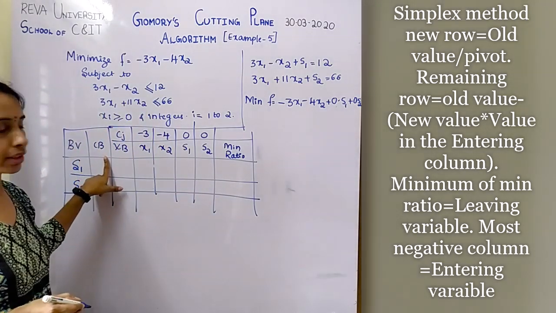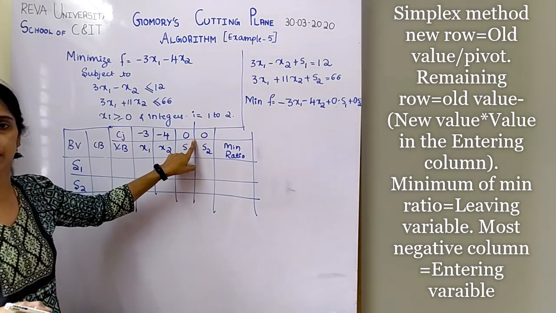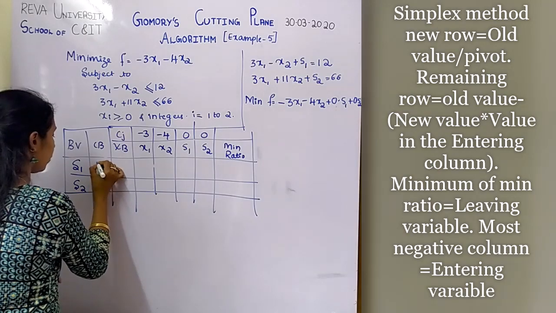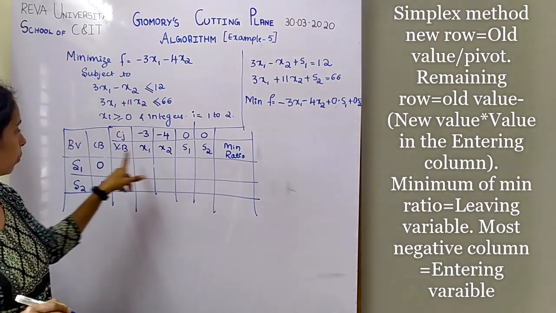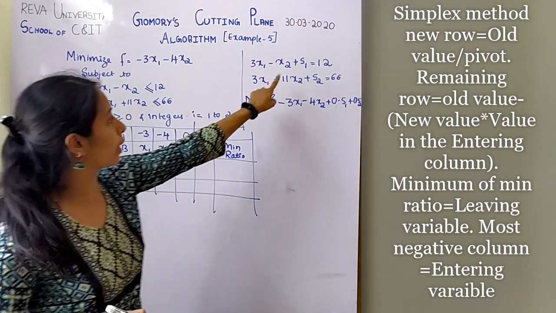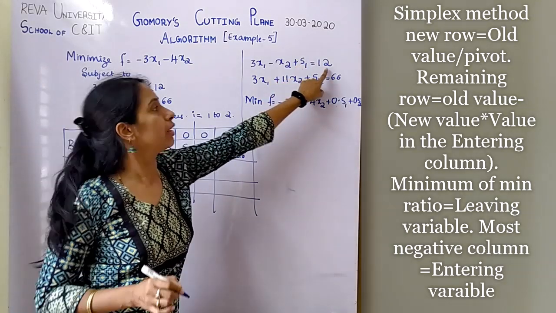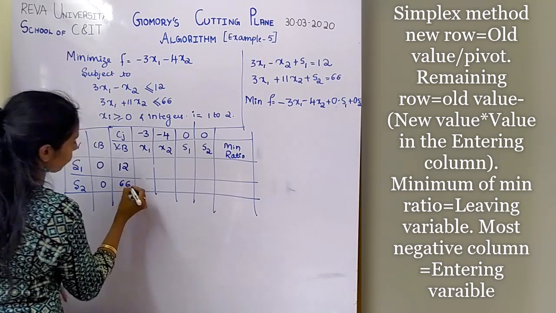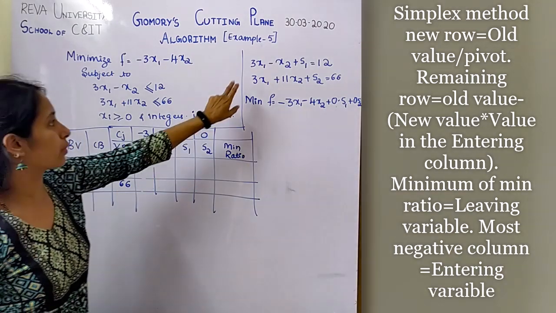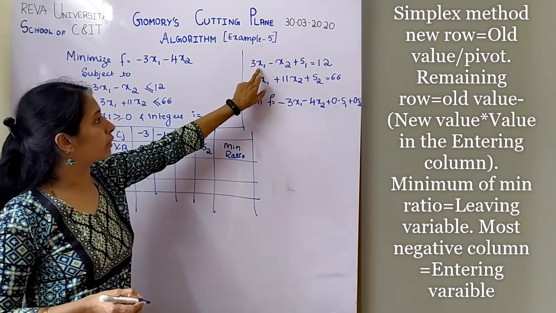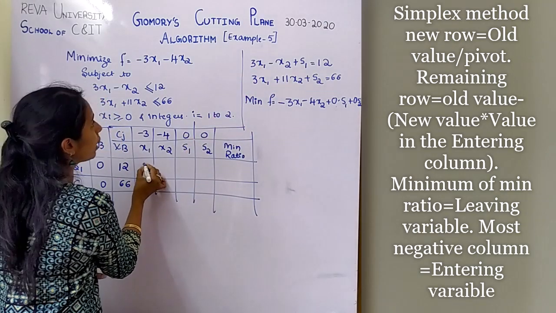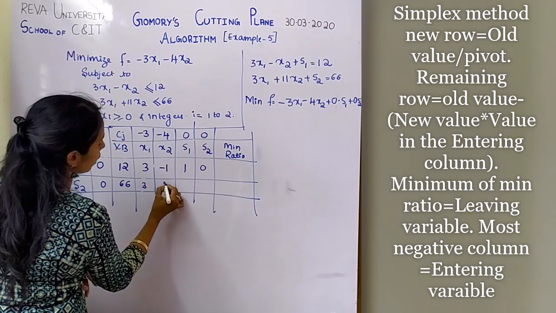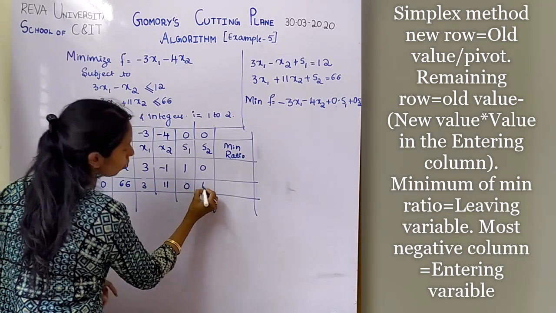The coefficient of the objective function for s1 is 0, for s2 is 0. And what is the RHS of the first equation where you have included s1? It is 12. And here it is 66. Now fill the table: the coefficients of x1 are 3, then minus 1, 1, 0. Then 3, 11, 0, 1.